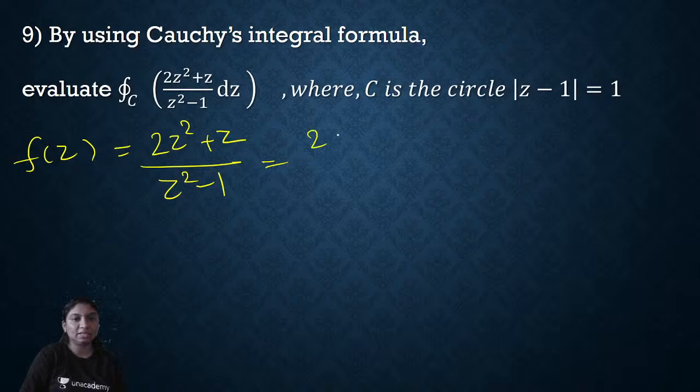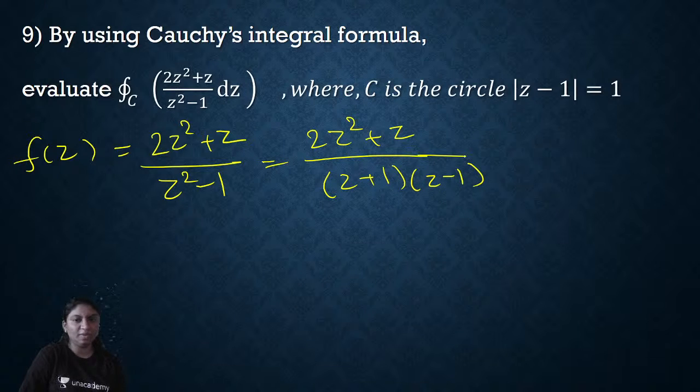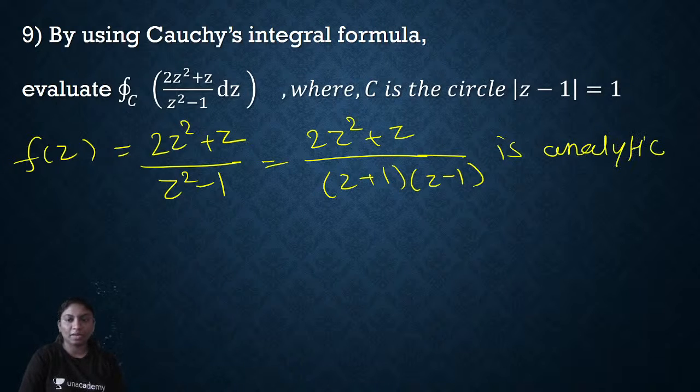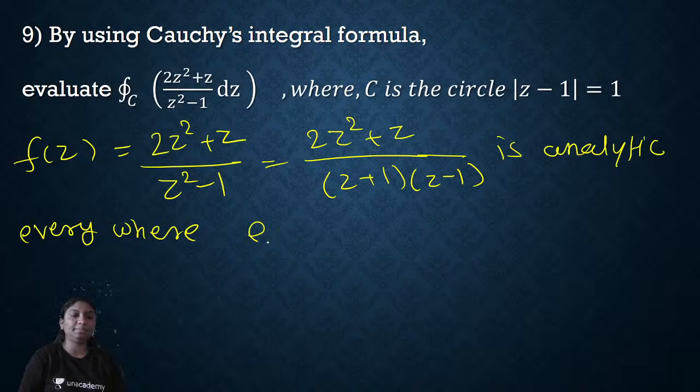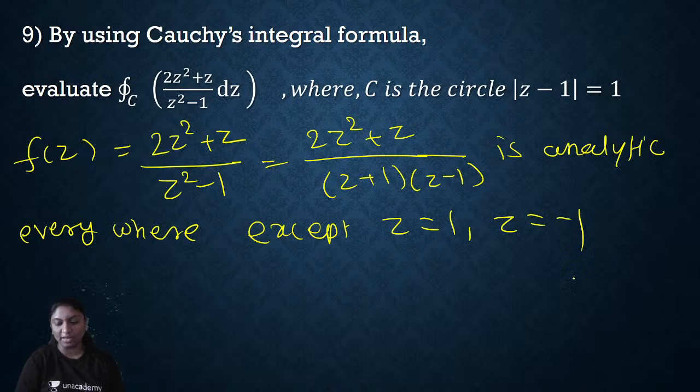So we can write this as 2z square plus z upon (z plus 1)(z minus 1), like a plus b, a minus b. So the function f of z is analytic everywhere except z is equal to 1 and z is equal to minus 1. The function f of z is analytic everywhere except z is equal to 1 and z is equal to minus 1.